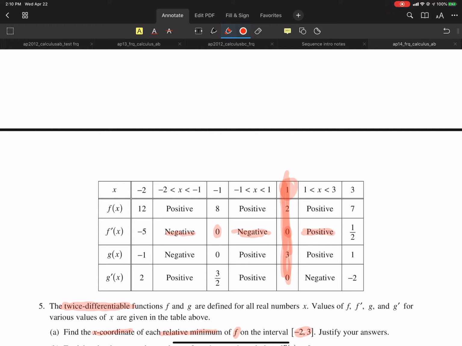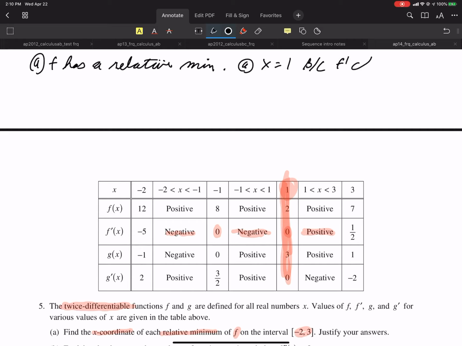So let's write that down. f has a relative minimum at x equals 1, and you need to give a reason, because f prime changes from negative to positive at x equals 1.